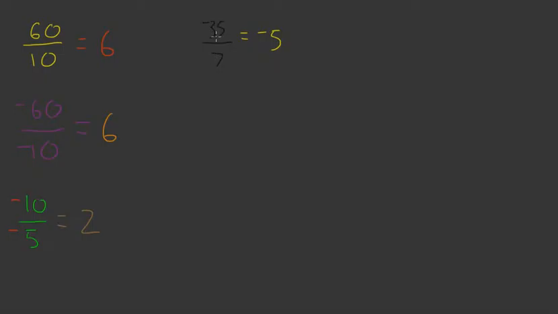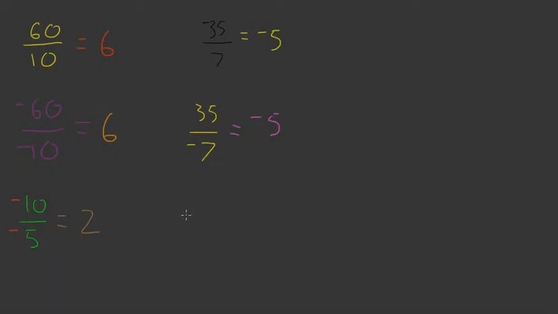Okay, and it doesn't matter which one's negative. You could have had a positive 35 up above and a negative 7 down below, and that would have produced a negative 5 as well. Okay, and that works with other numbers as well.